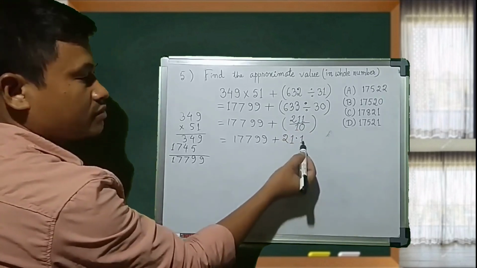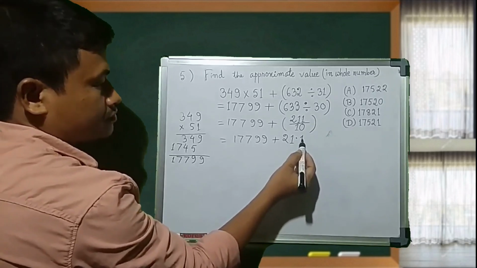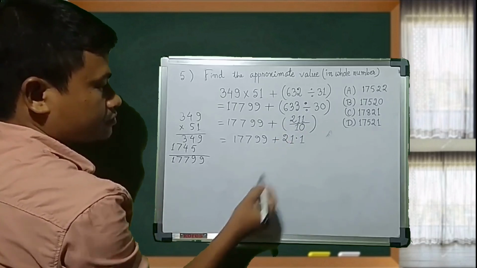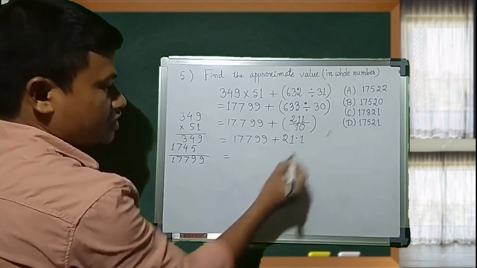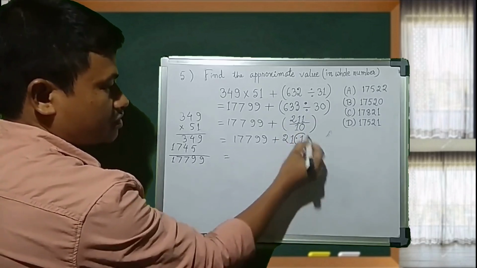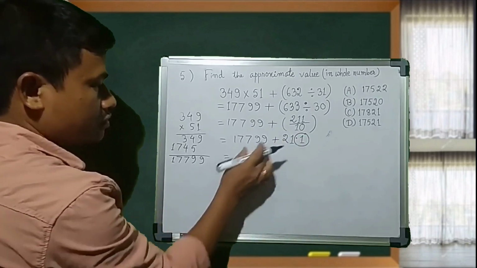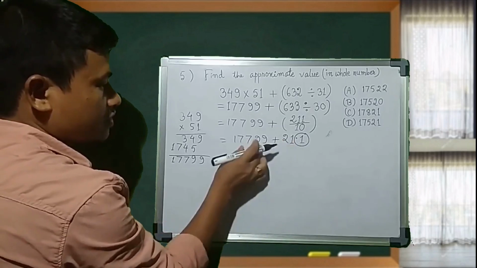The decimal point will be just before 1 digit. So we can neglect the decimal part. We can add 21 to this number.